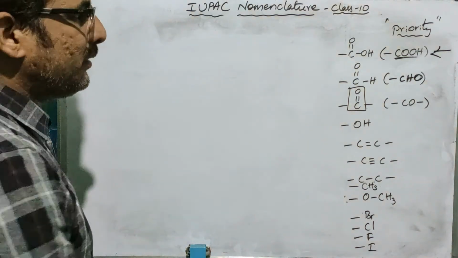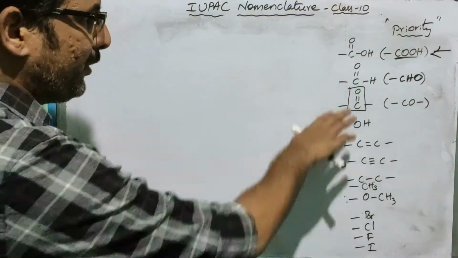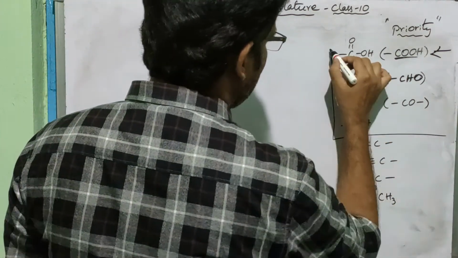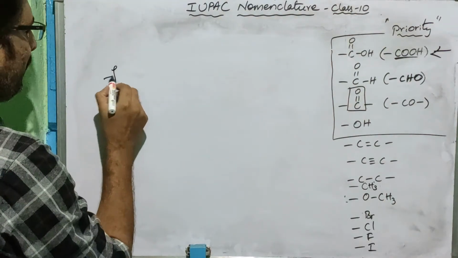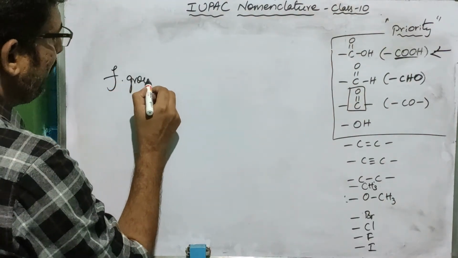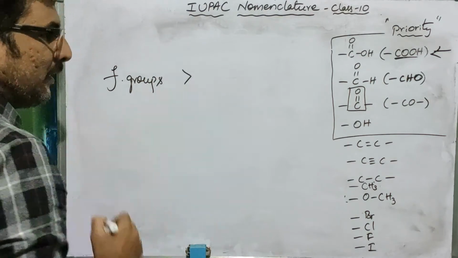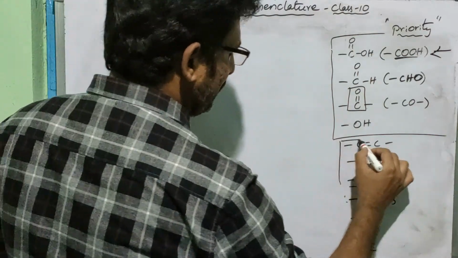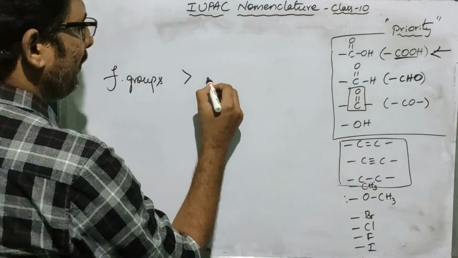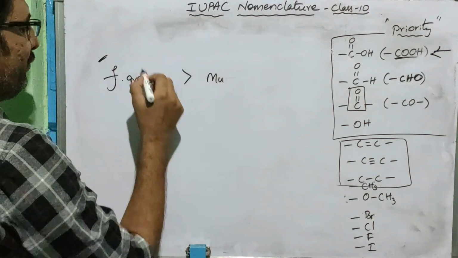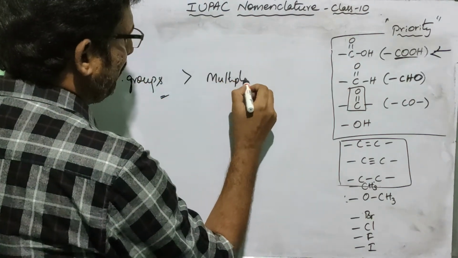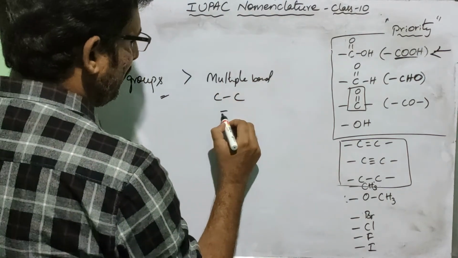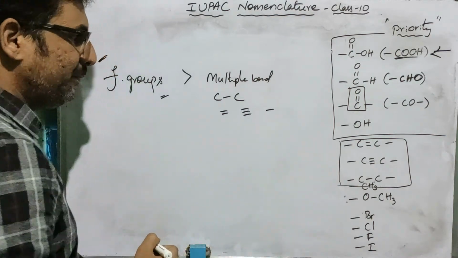I will tell you how to remember this preferential order or the priority. The first groups, COOH, CHO and OH, are functional groups. That means you give first priority to the functional groups, and after that you give priority to the multiple bonds between carbon and carbon: double bond, triple bond and then single bond.